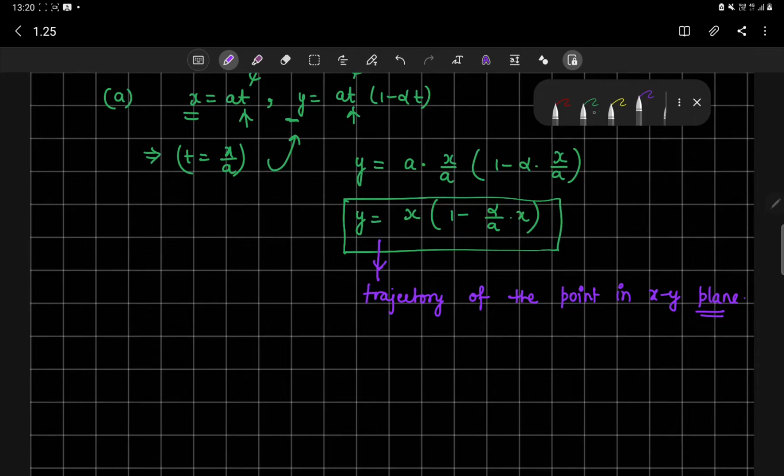Okay, and now if we plot this particular equation, this is nothing but a quadratic equation.